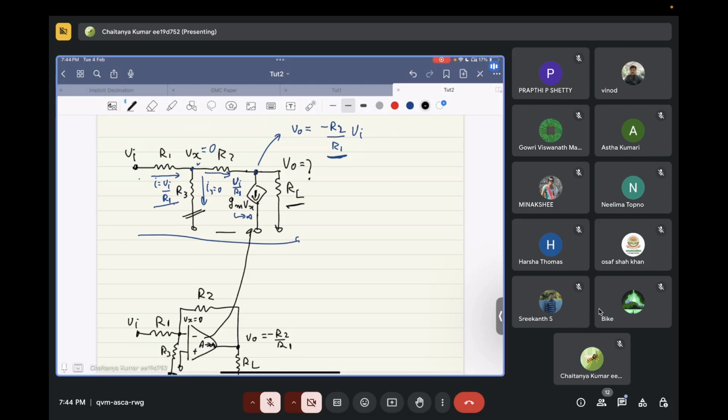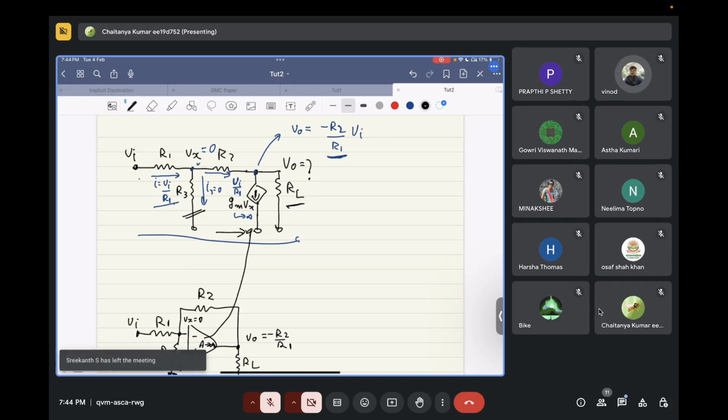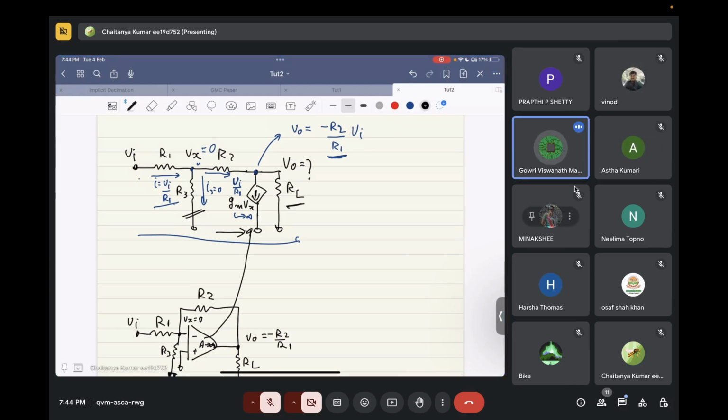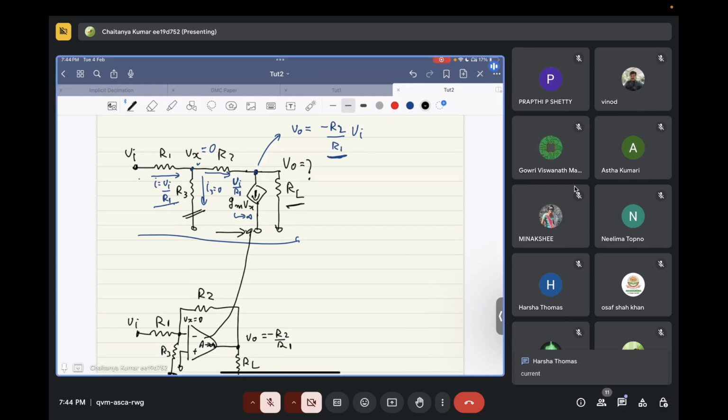This is not a voltage controlled voltage source. What kind of controlled source is this? Voltage controlled current source, right? It is controlled by a voltage Vx and current is being controlled.